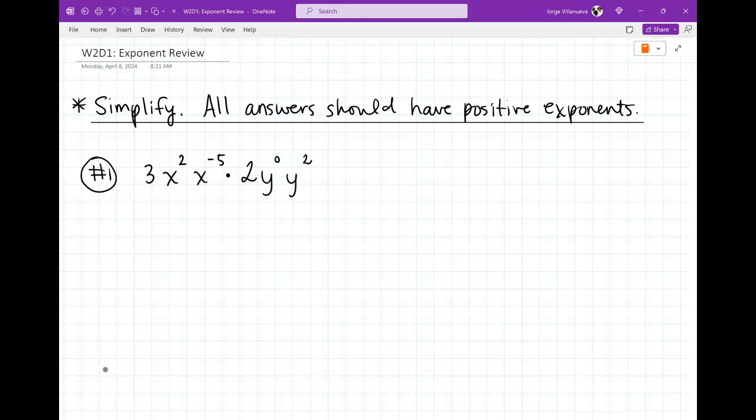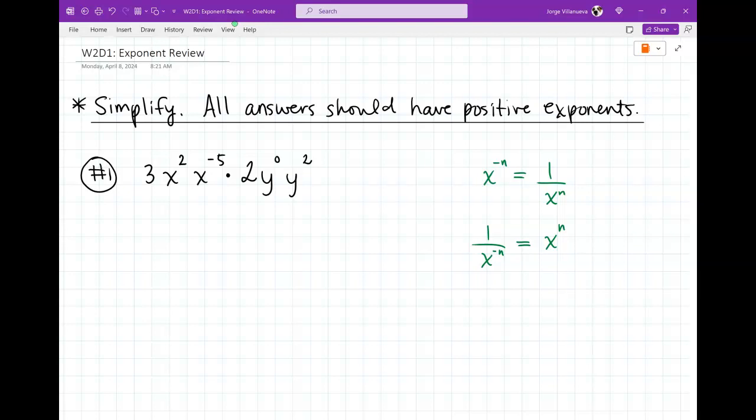So a couple of things that I need to remind you guys about. When you have negative powers, okay, you can rewrite them as positive powers as long as you flip them either from the denominator to the numerator or numerator to the denominator. So you can see both situations right there.